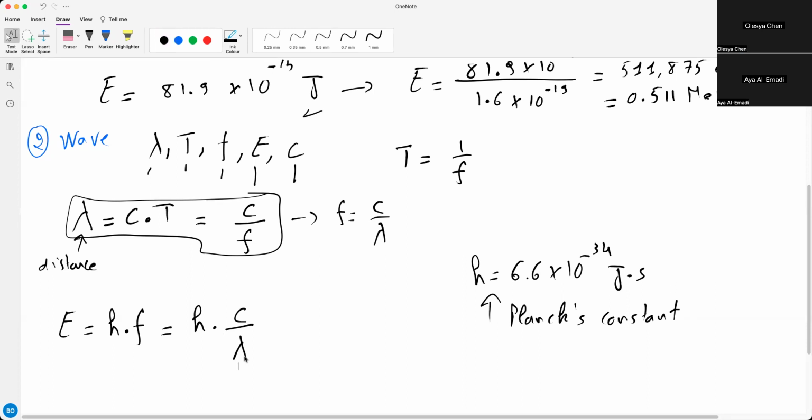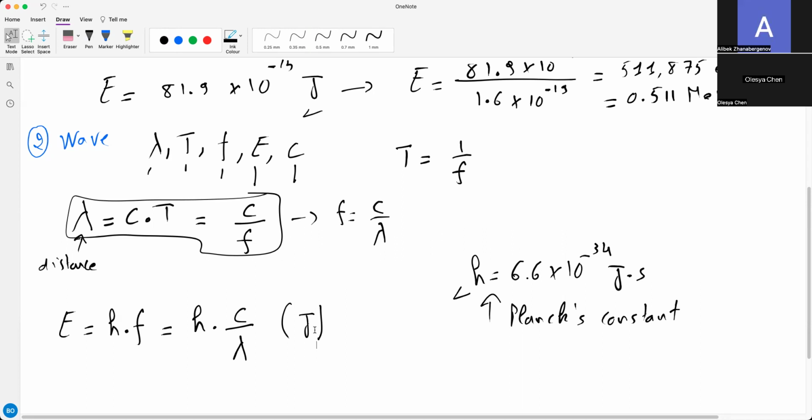So those are the major equations between the wave parameters, especially for light. If you calculate the energy using the Planck's constant given here, with the speed in meters per second and the wavelength in meters, the unit of the energy will be joules. Then you can convert it to electron volts if you are asked to do so.